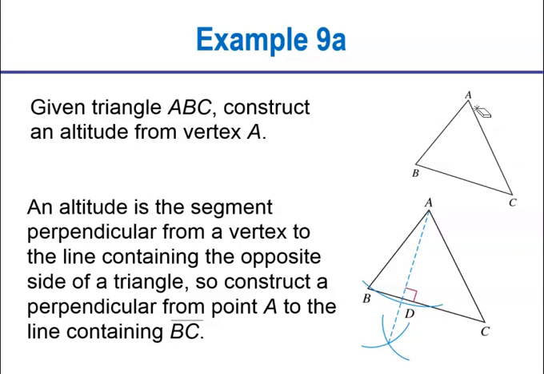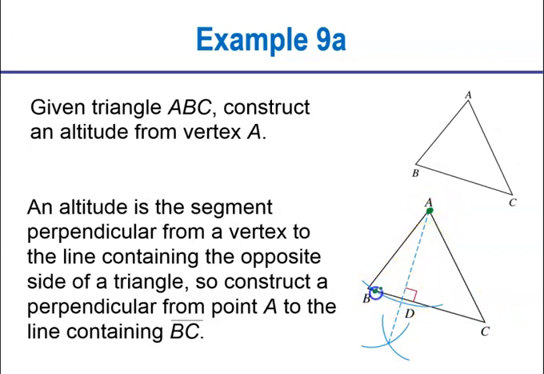So remember, what you do is you put your compass point right here, and you strike an arc. It doesn't have to intersect over here at B. Notice this one doesn't. Just strike an arc that intersects the line below, the line BC. Now keep your compass open the same distance. Don't change anything.